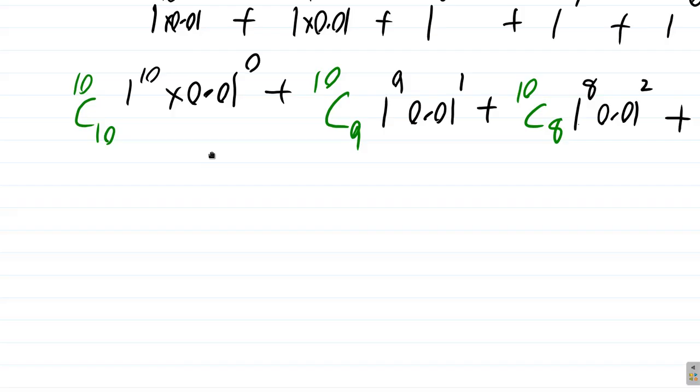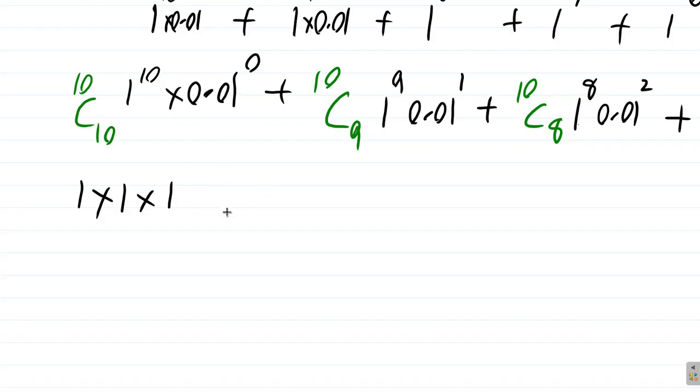In fact, just like with other questions, make an attempt at working it out before you watch me work out my solution. So 10 NCR 10, I know it would be 1. So this part is 1 times 1 to the 10 is 1 times 0.01 to the power of 0 is 1.